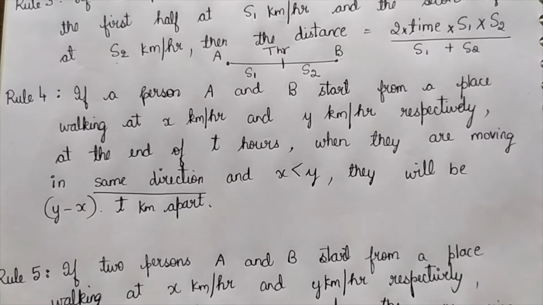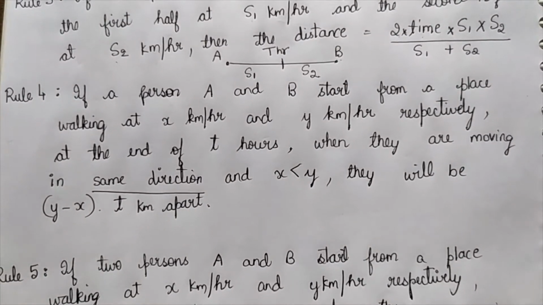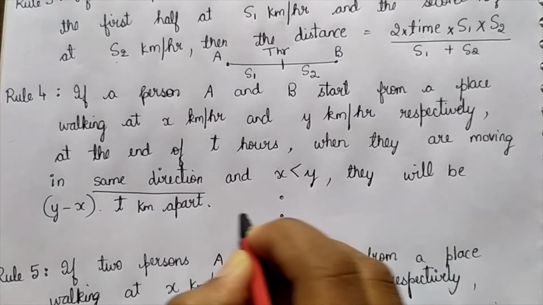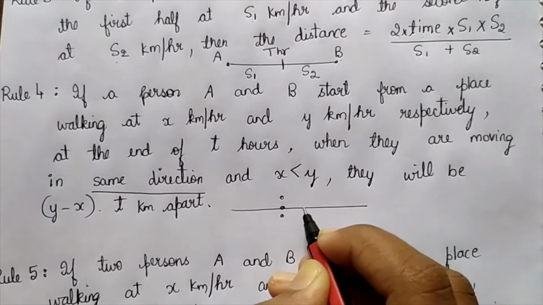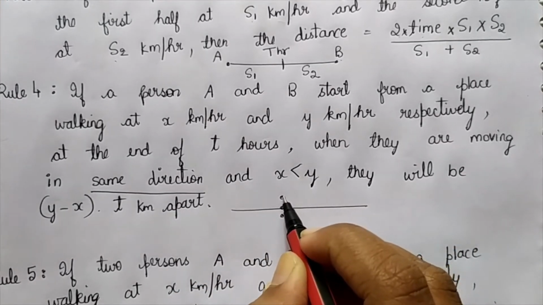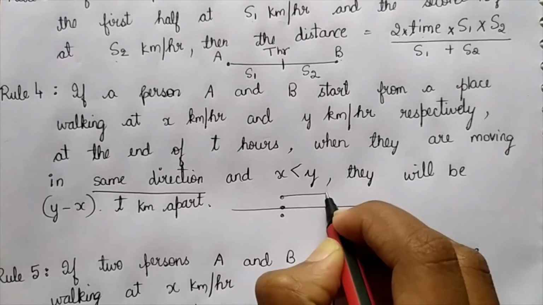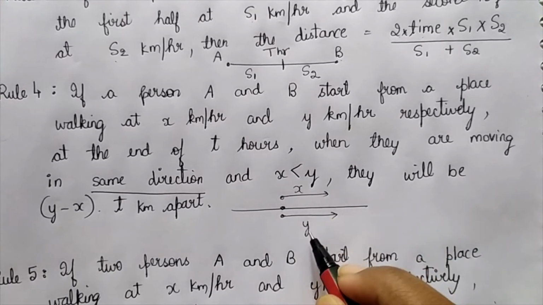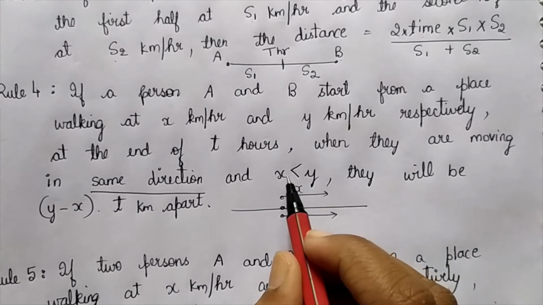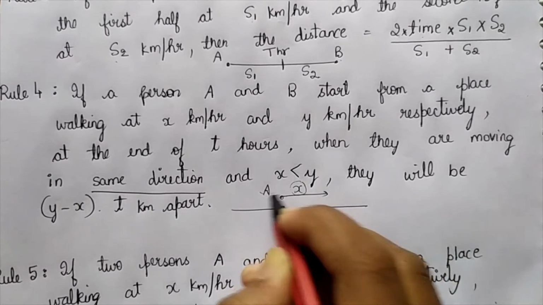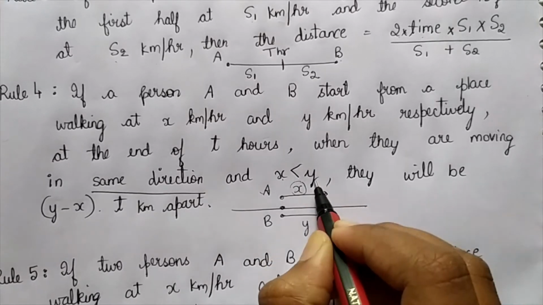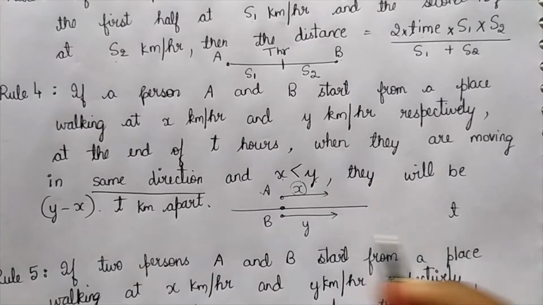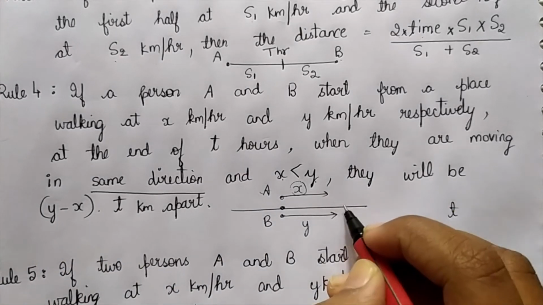Moving on to rule 4. There are two people A and B. Both of them start from the same place. One walks at x kilometer per hour and the other walks at y kilometer per hour. Both the speeds are not the same, and suppose the speed of A is lesser than the speed of B. Then after some time t, how many kilometers apart will they be?